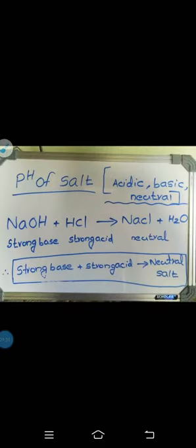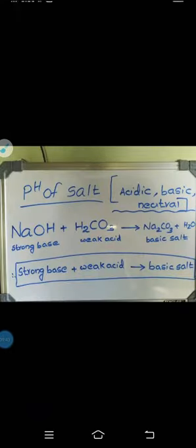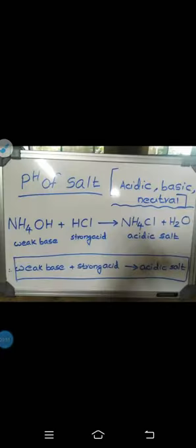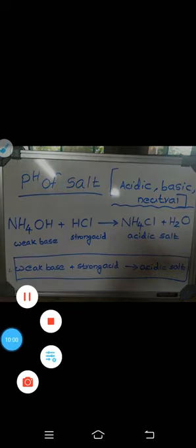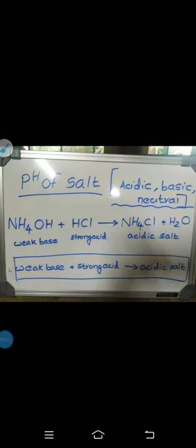So, we can conclude that when a strong base reacts with a strong acid, the salt will be neutral. Strong base when combined with weak acid, the salt will be basic. And weak base when combined with strong acid, the salt formed will be acidic.